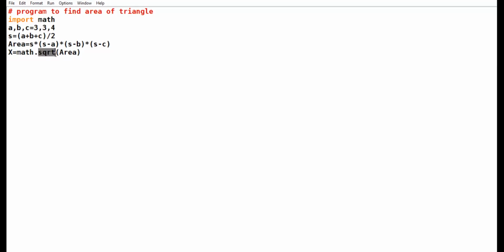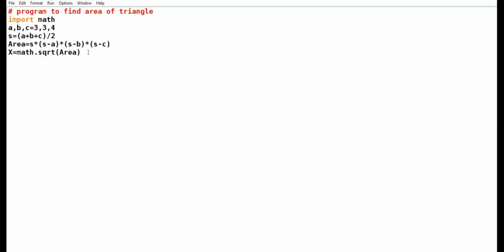The sqrt function is the inbuilt function of the math module that will help us to find the square root of any particular number. Okay. So here in this program, I am finding the square root of area. And area is the value which I obtain after solving this equation. Now, whatever square root value will come, I store the value in the x variable.